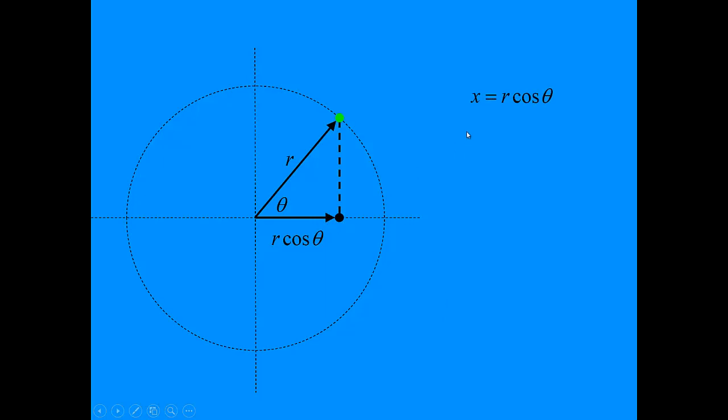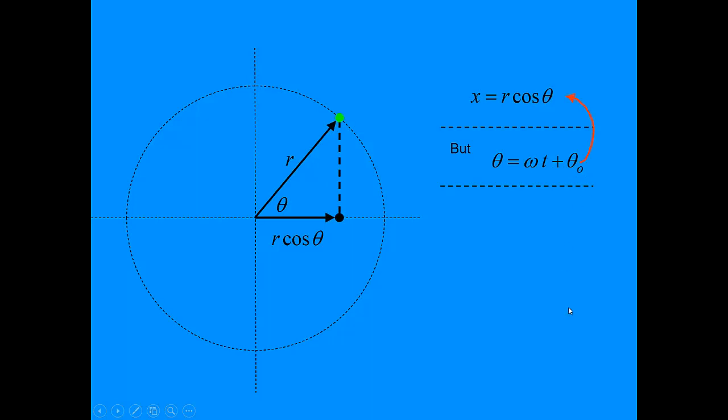And so that means x, which is what we're going to call the position of the black dot because it's moving in the horizontal plane, right? Horizontal axis, if you will. So the position of the black dot is equal to r cosine theta at any point. And theta, if you remember, is a function of time given by omega t plus theta naught.